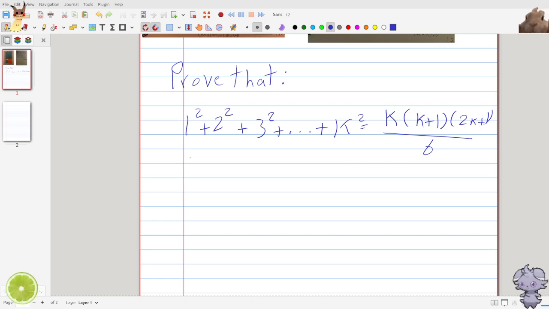So the successive summation of all the perfect squares is equal to this formula.